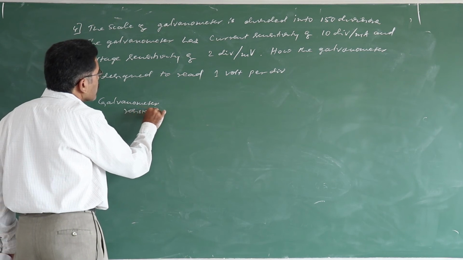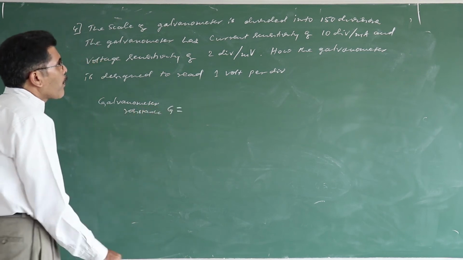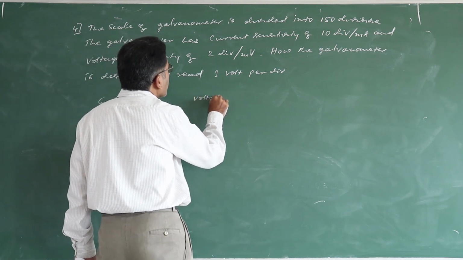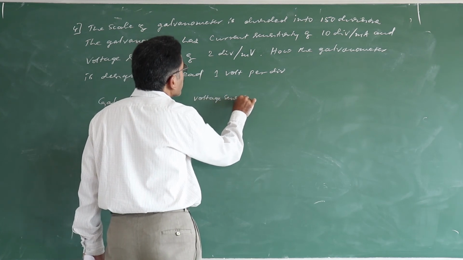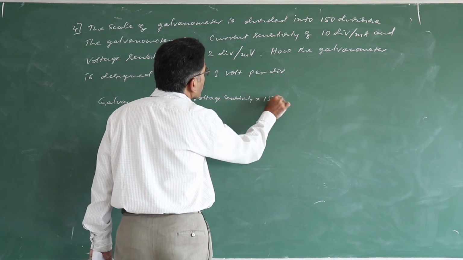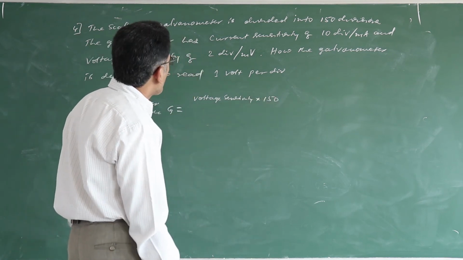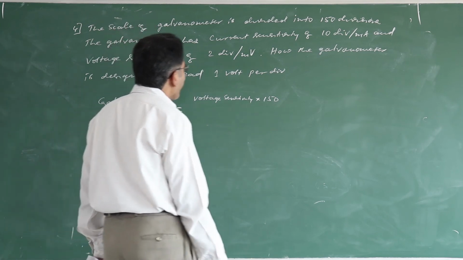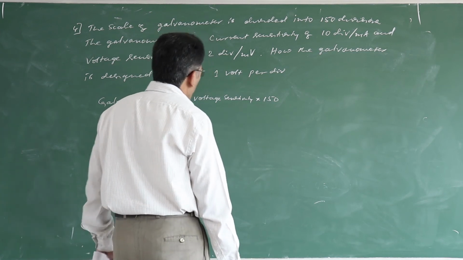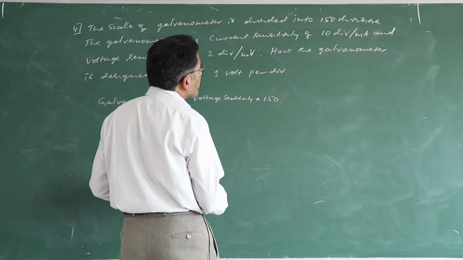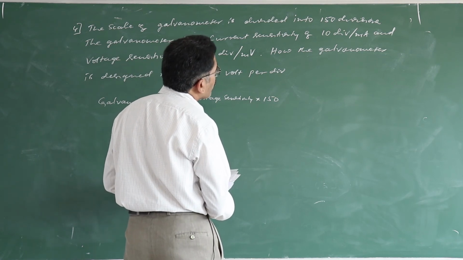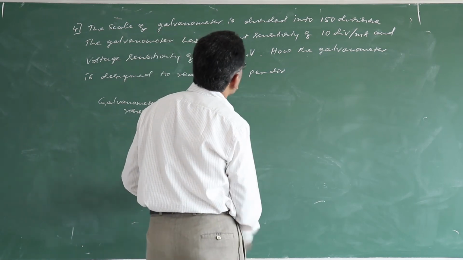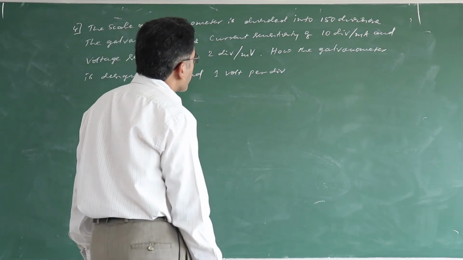Galvanometer resistance G is equal to voltage sensitivity multiplied by 150 divisions. See here, 150 divisions are given now. 150 divisions, 2 division per millivolt.